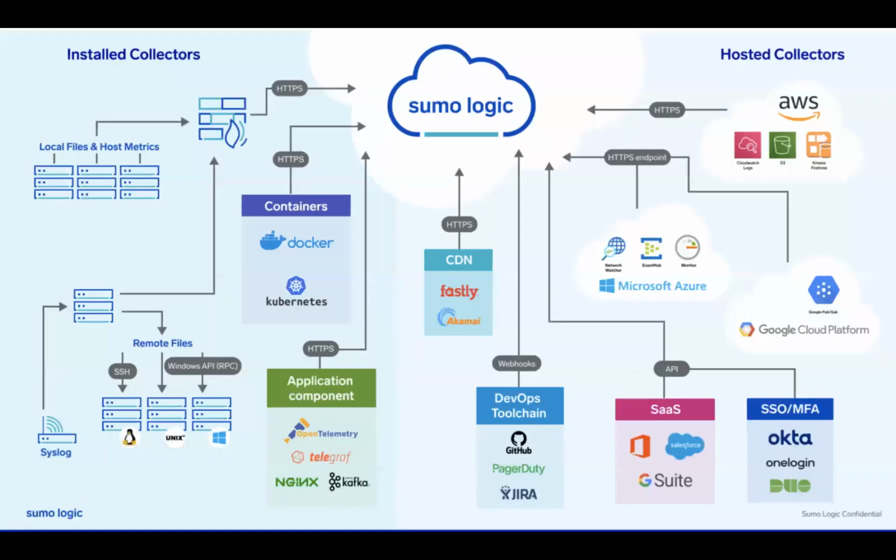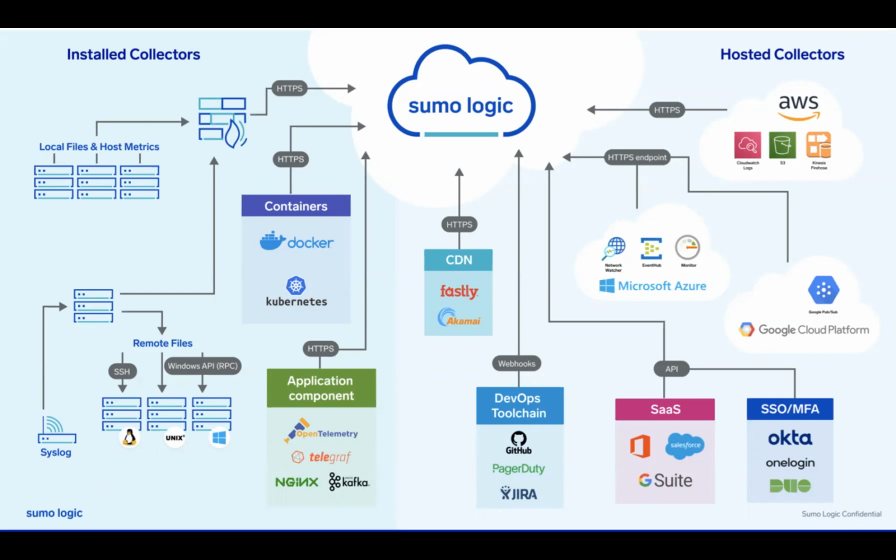Now, if I talk about the architecture of Sumo Logic, we are a SaaS-based platform, but that doesn't mean we stop you from ingesting data from any of your sources, whether on premises, your servers, your network devices, your applications, etc. What you see here is that we have two major methods of collection. One is an installed collector, and another is a hosted way of collection.